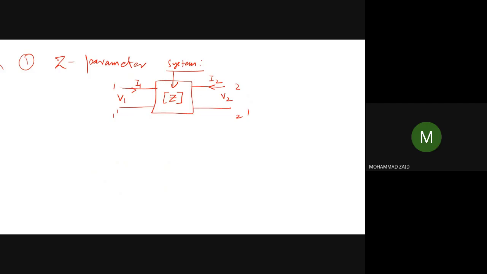This black box which we have taken, we don't know what is inside, but whatever is inside, we can represent it in the form of a matrix, and that matrix will be a 2 by 2 matrix because we have taken two variables for the input and two variables for the output. Our input variables are V1 and I1, and our output variables are V2 and I2. The relationship between V1 and I1 and V2 and I2 will give you this matrix Z, and this matrix Z is known as the impedance matrix.